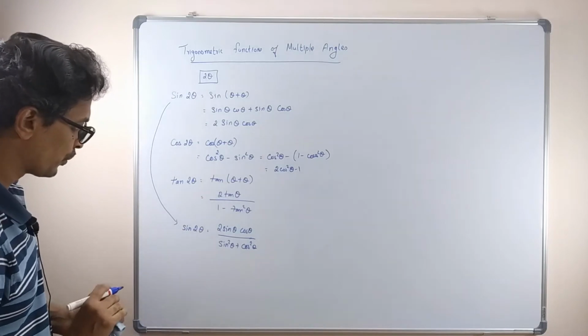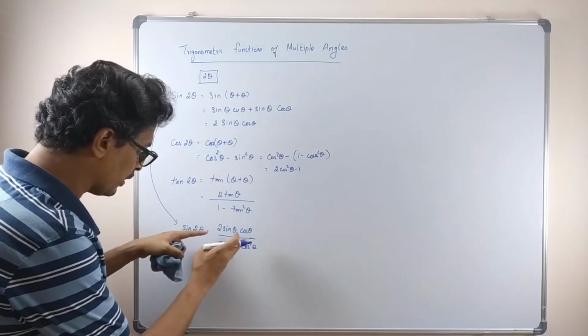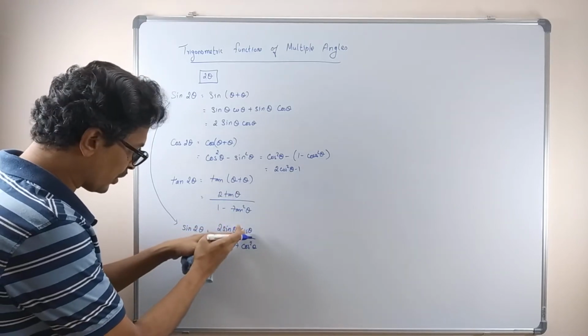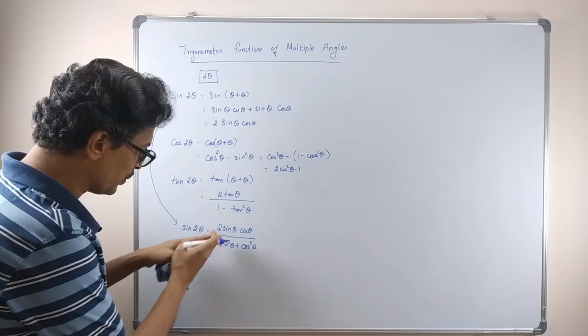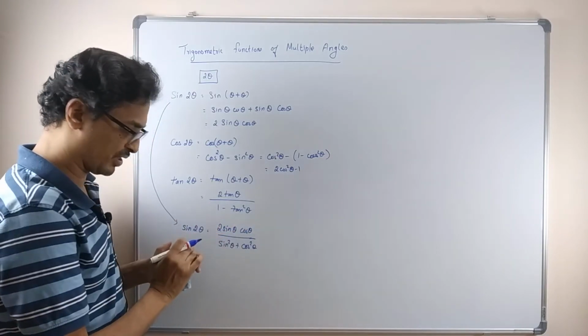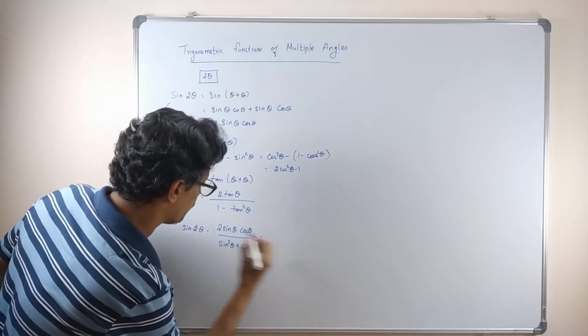Now you can see from here, if I want to express everything in terms of tan, what I have to do? You have to divide by cos theta and multiply by cos theta. Correct? So what am I going to do?